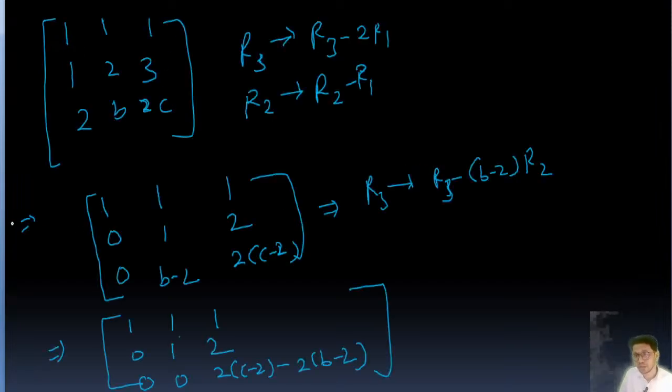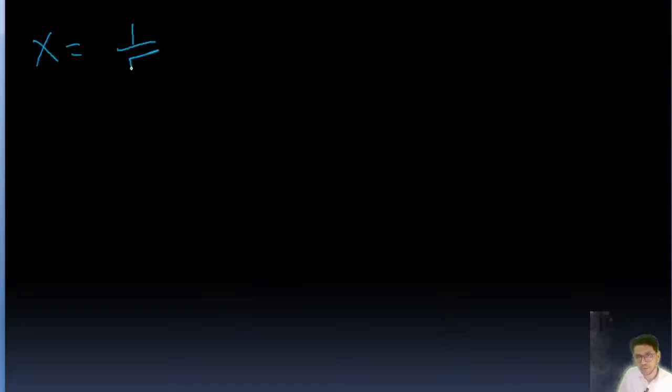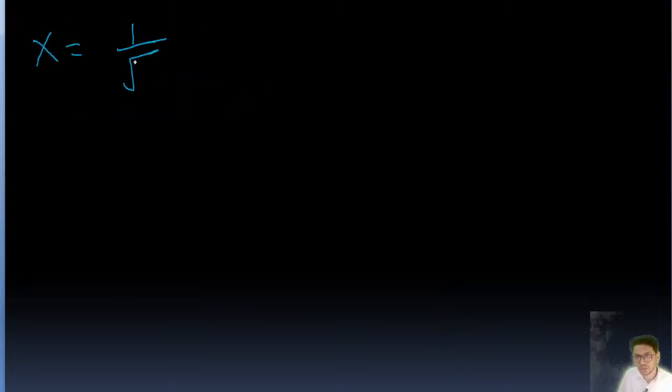Now we'll normalize it: 1 upon root of k square plus minus 2k square plus k square.